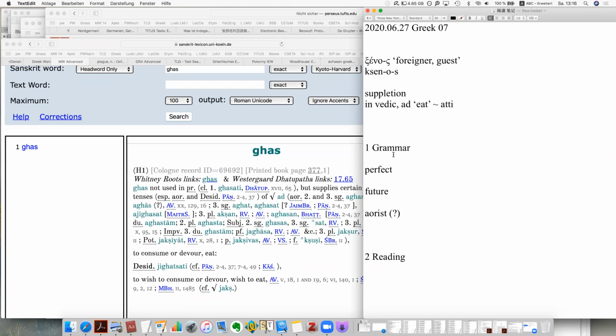But this root has no aorist. If you want to build the aorist, you need another root, which is ghas. So ghas means eat, right? Okay, and then this is also an interesting point.